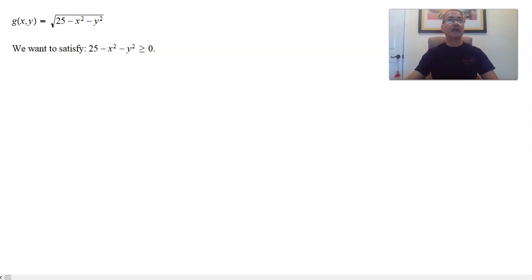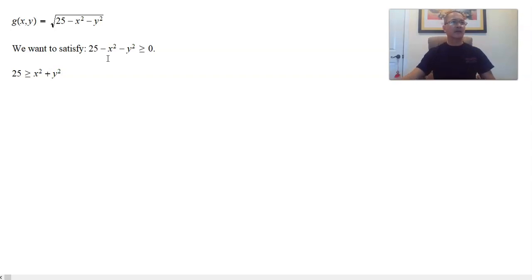What can we do with this? We can move x squared and y squared to the other side. So this inequality is equivalent to 25 has to be greater than or equal to x squared plus y squared.